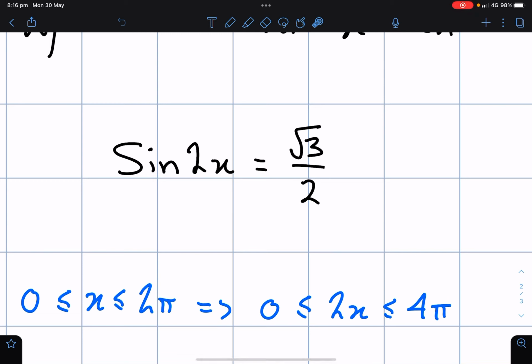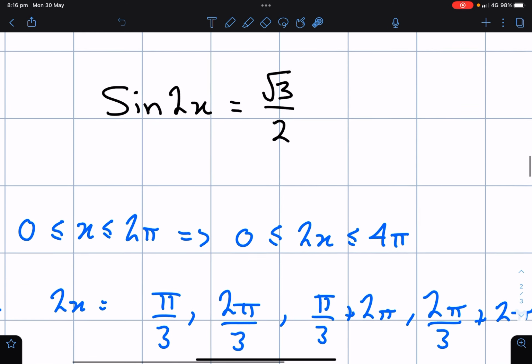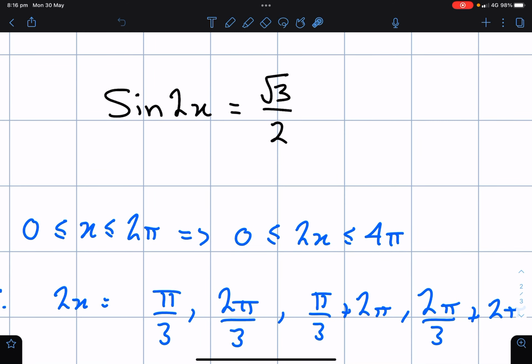So 0 is less than or equal to 2x, which is less than or equal to 4 pi. Now we've changed our interval, but the process is still the same. So for all values where sine of 2x is equal to root 3 on 2, from 0 to 4 pi.